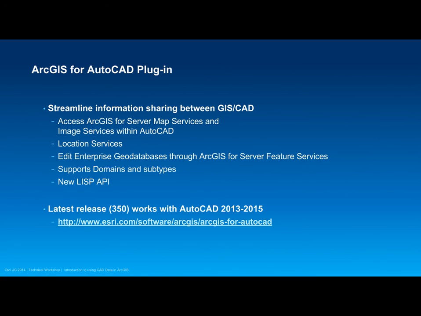It provides location services as well as the ability to edit enterprise geodatabases using ArcGIS for Server feature services. It supports things like domains and subtypes, which we'll learn about later in our geodatabase discussions, as well as the new Lisp API, which is Lisp, the programming scripting tool for AutoCAD.